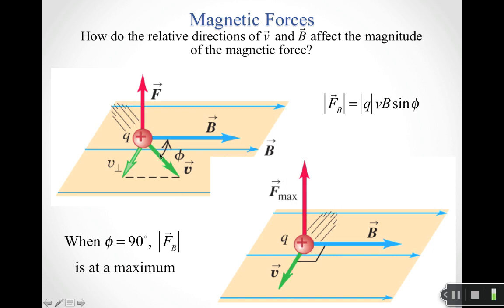So the closer this velocity is to lining up with the magnetic field, the smaller the magnetic force will be. The closer it gets to being perpendicular to the magnetic field, the larger it'll be. Again, that's coming from this sine term, and the sine of 90 degrees is as large as you can make the sine of any angle, that's just 1, so that's when the magnetic force is at its maximum.